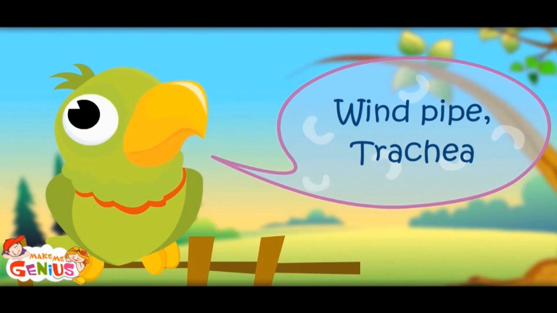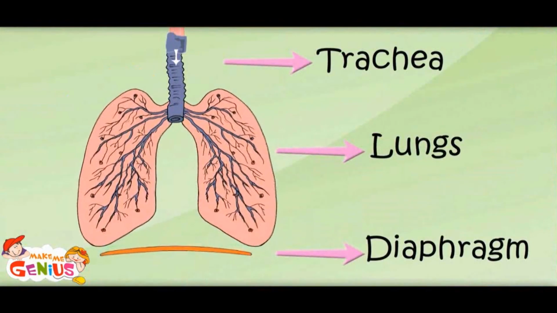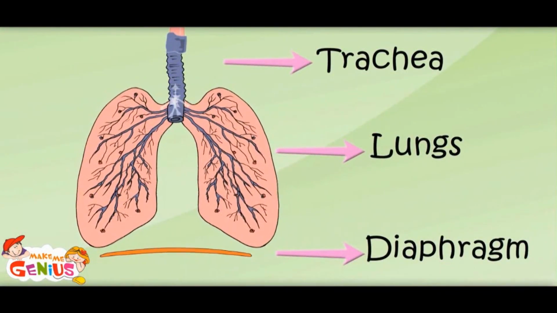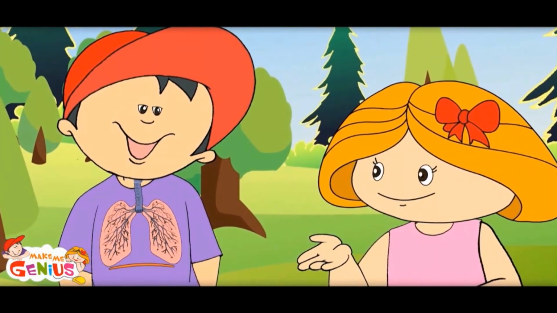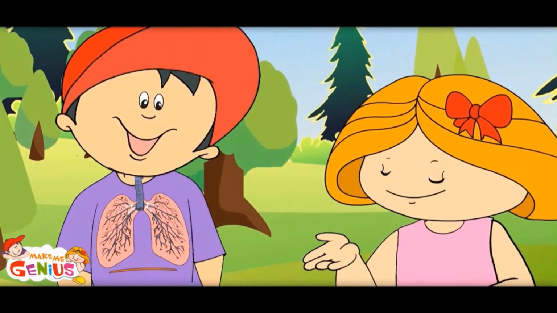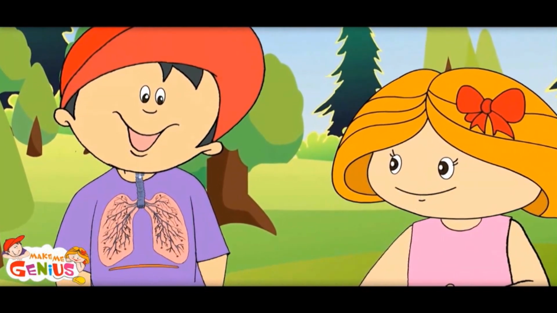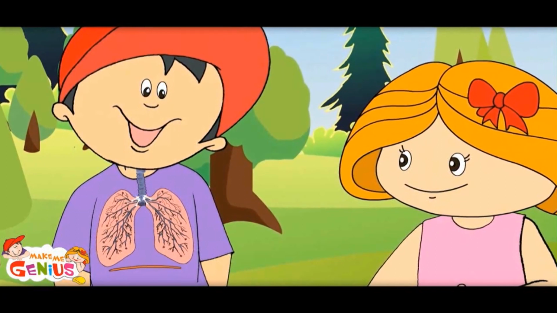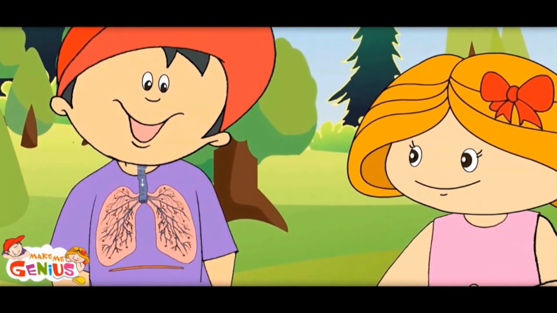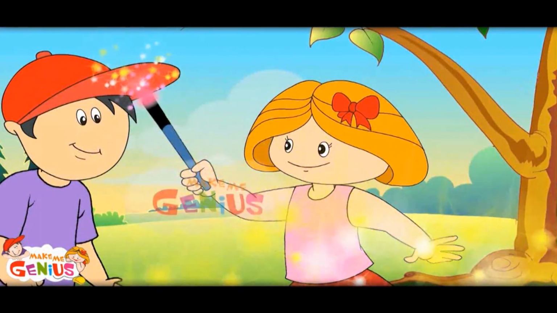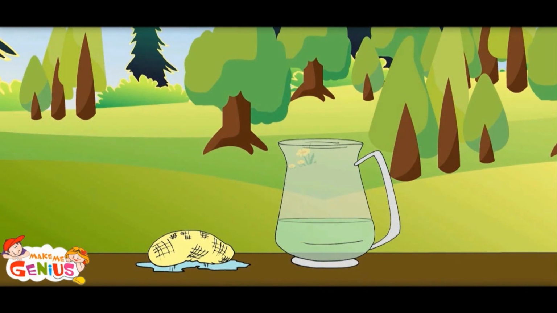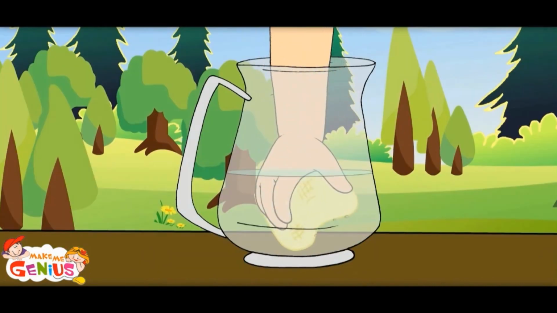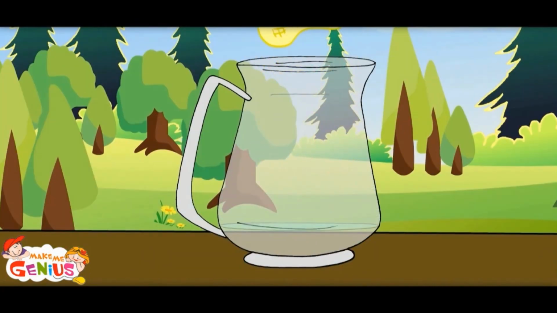Windpipe, trachea. What are these balloons? Oh yes, these are like balloons. When you breathe in, they expand like balloons. And when you breathe out, they contract like balloons. These are like sponges. Let us see how it happens. See the sponge? Yay, it drinks a lot of water.